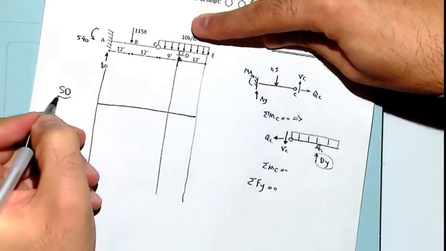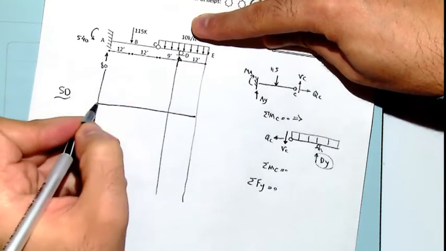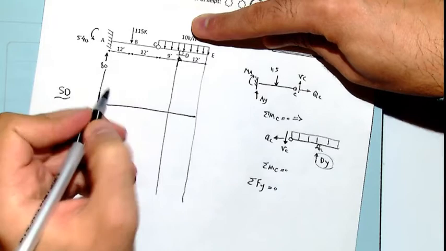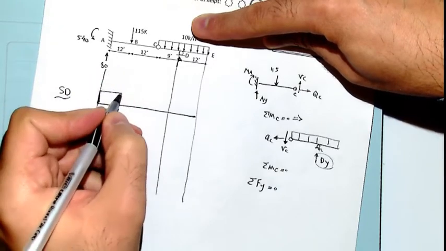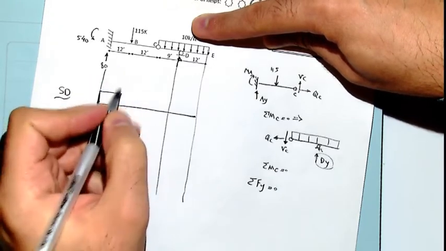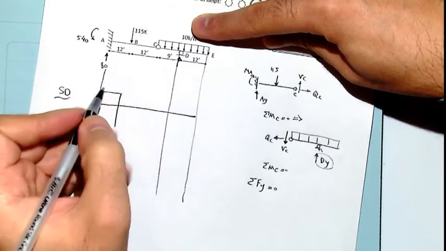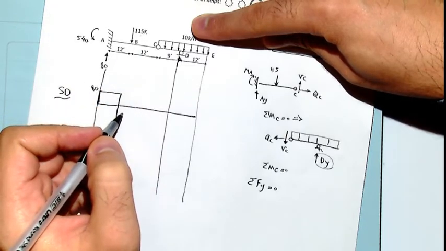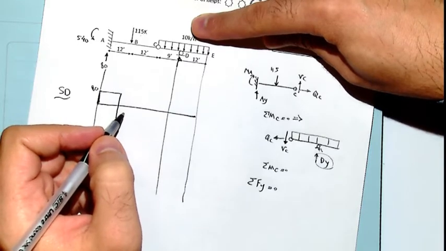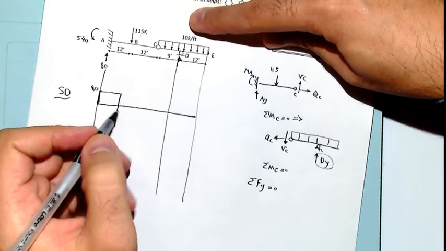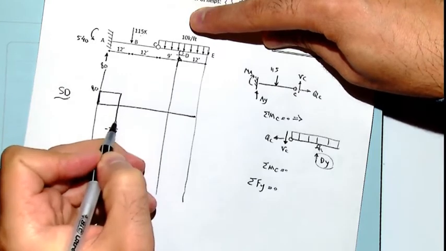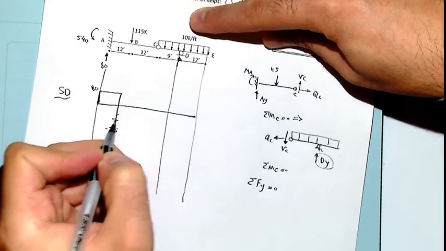For the shear diagram, as I said, it's 80, go upward, no load between A and B, so a straight line downward. Total 115, so it's 80, 115, we just deduct it, and we're gonna reach minus 35. So it should be almost here, right? It's right.